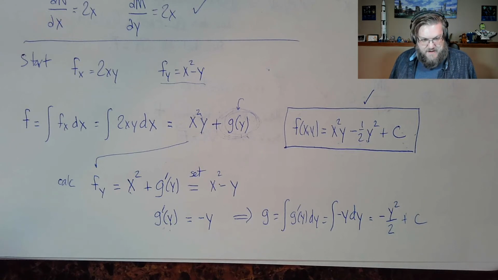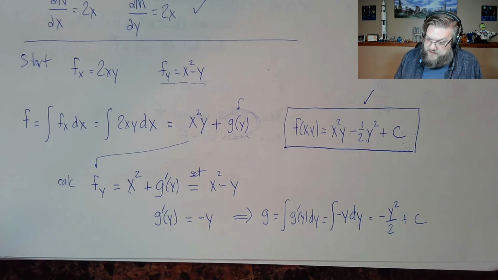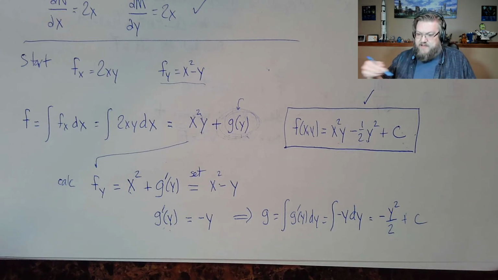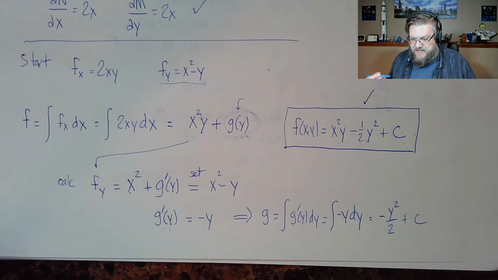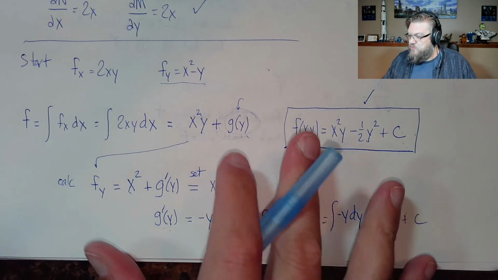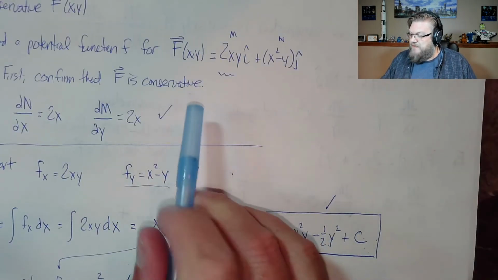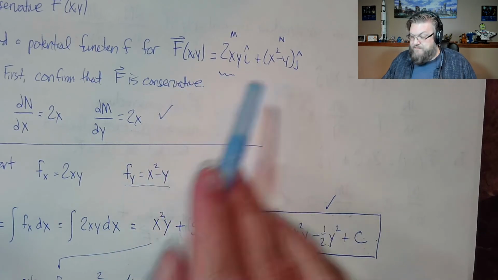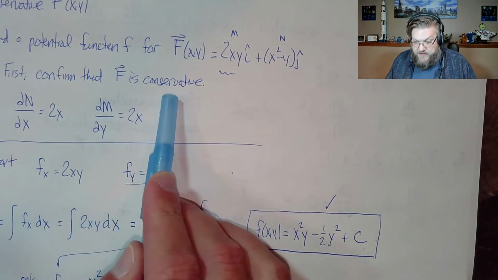Okay. All right. It is easy to confuse the two concepts of potential function and vector field. So continually say that to yourself, right? Be very, very specific when you work with this. It's like, okay, I have a vector field. The vector field is conservative.